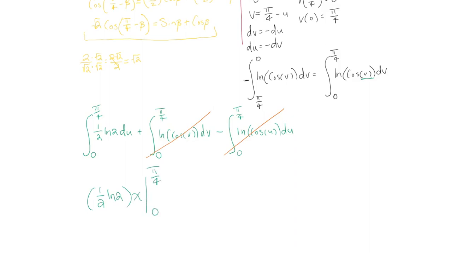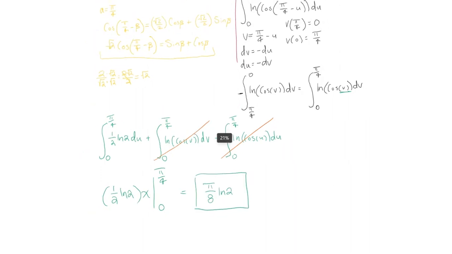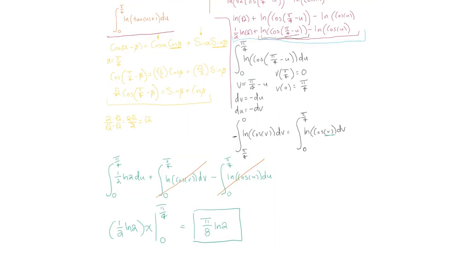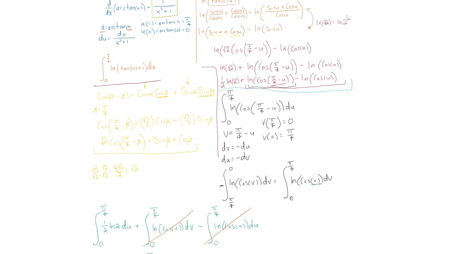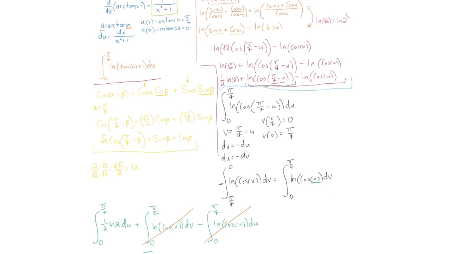And obviously when we plug in 0, that'll just be 0, so then we'll just evaluate it at pi over 4, and this will be pi over 8 ln 2. And this is a pretty fascinating integral because it ends up being a lot simpler than one would expect, and that tends to be the trend with these Putnam questions.